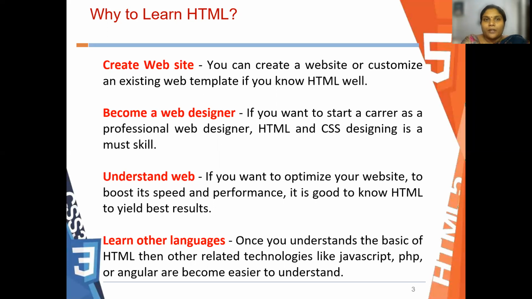The second point is, if you want to become a web designer, as I told, any web designer must know three concepts: HTML, CSS, and JavaScript. Through HTML, we can create or customize the web pages. CSS is nothing but cascading style sheets. We can customize all the web pages in the same format.